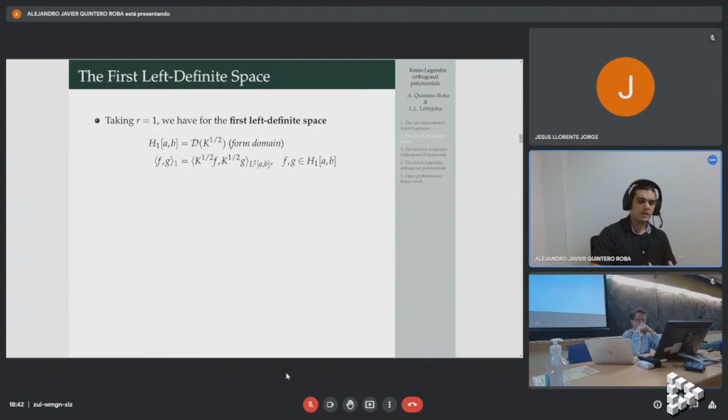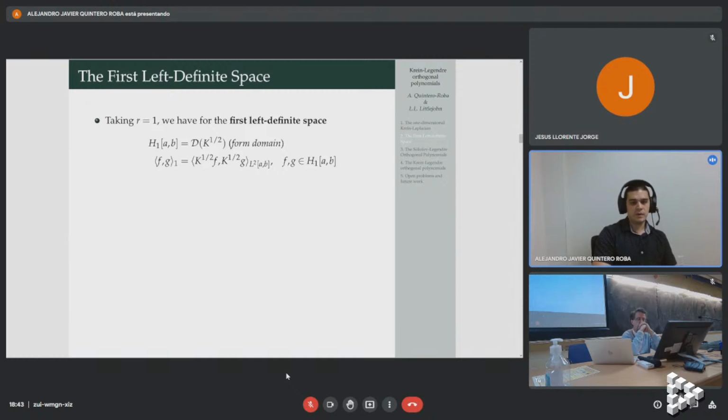Ahora, en particular, si se toma R igual a 1, ¿y por qué tomamos R igual a 1? Pues se ha probado que para los enteros podemos encontrar exactamente expresiones explícitas, tanto del dominio como del producto interno. Aún se está trabajando para R no entero. Pero si tomamos en particular R igual a 1, es lo que se llama el primer espacio definido por izquierda.